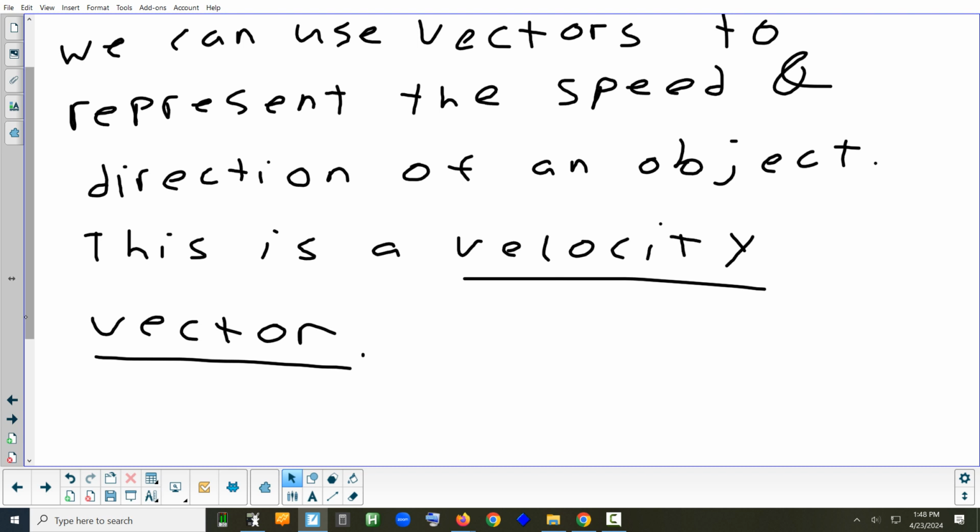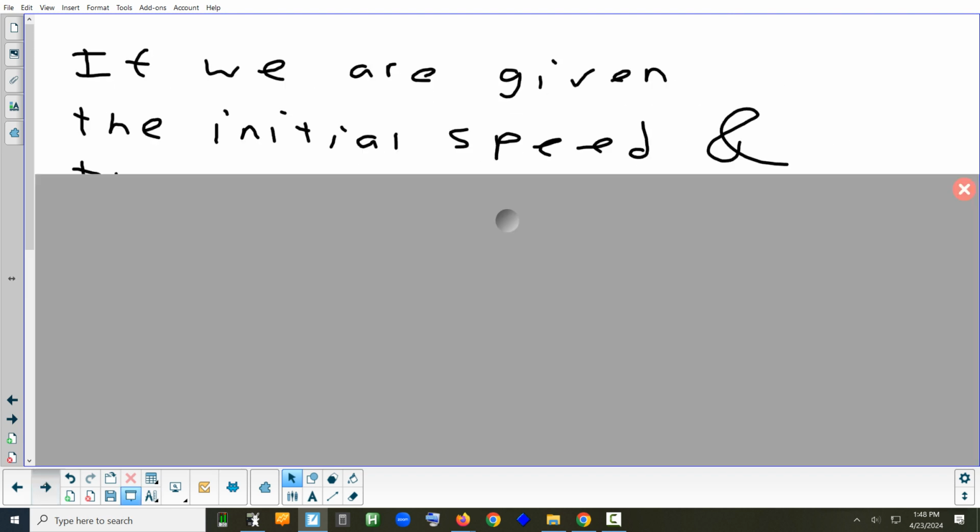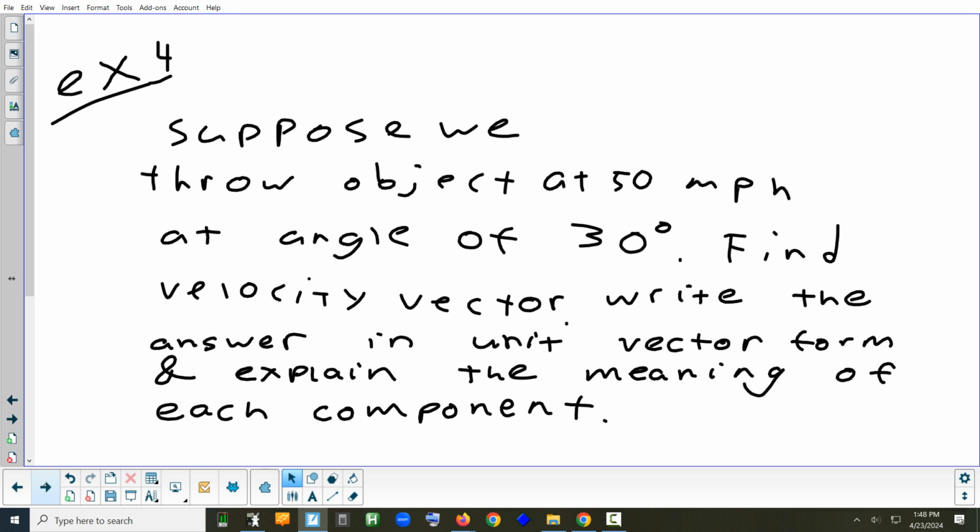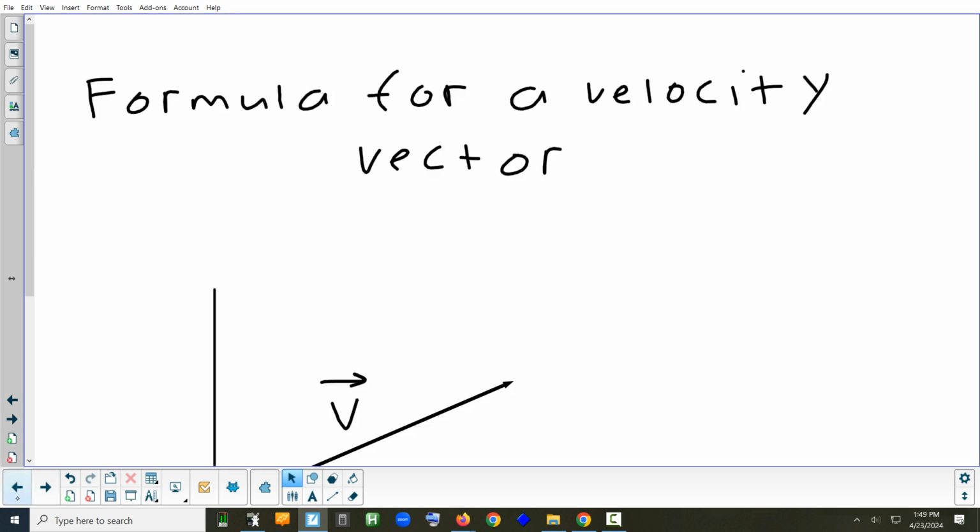So I'm going to give you a problem where we throw an object at a certain angle and a certain speed, and I want to convert that to a vector. Do vectors have angles in them? No. So if I give you something with an angle, you can't directly write that number down when writing a vector. We have to use that angle to figure out what the vector would be. I'm going to show you how we do that.